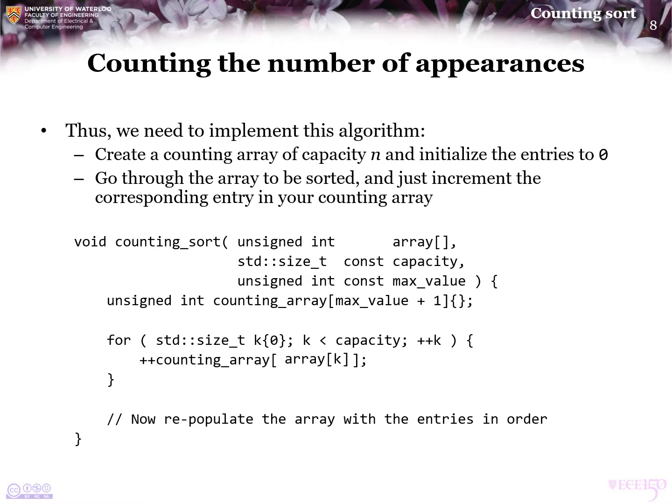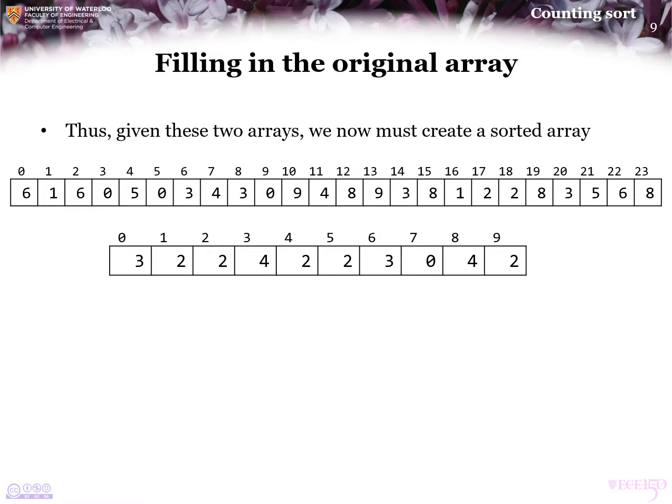After this, all we have to do is repopulate the original array with the entries we have counted in the correct order. Therefore, given these two arrays, we now have to create a sorted array.